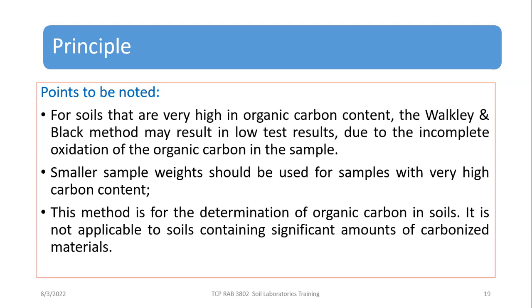This method basically is oriented to determine soil organic carbon, not applicable to soil containing a significant amount of carbonized material. If the soil has a high concentration of calcium carbonate, this method is not good, or will not give very accurate results.